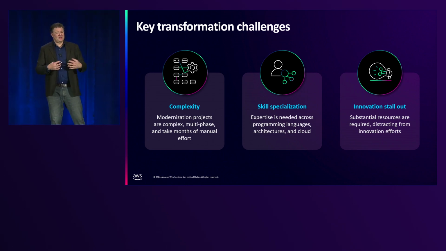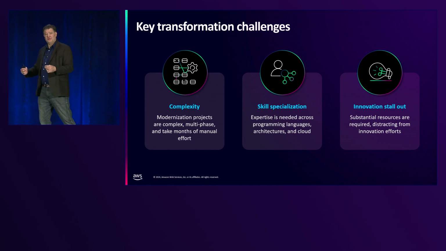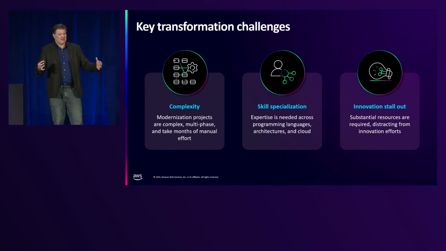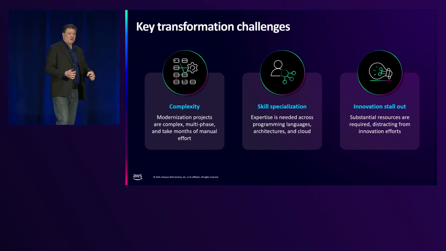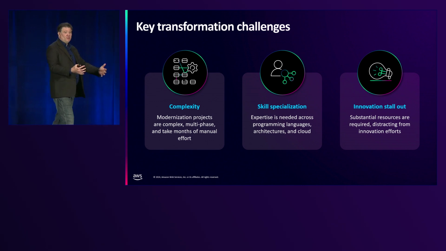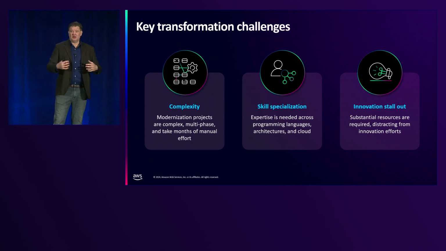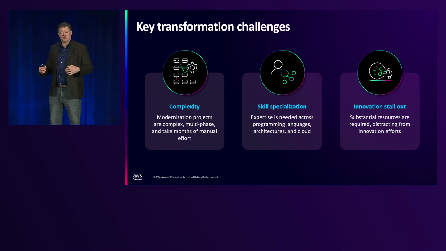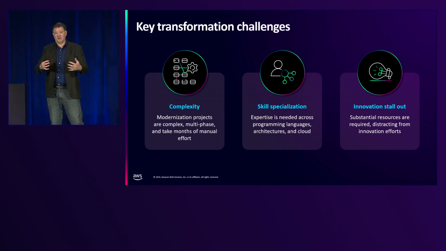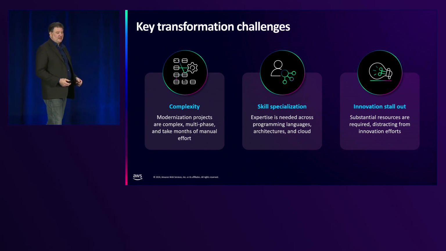And so how do we think about that innovation stall-out? How do I improve my return on investment on running these projects? And a lot of this thinking went directly into the product, thinking what kind of experience can we build to help minimize a lot of these risks and challenges, so that it's more likely that people will be successful, that these projects run smoothly, and that they don't run with a whole lot of error and rework that stalls the project out.